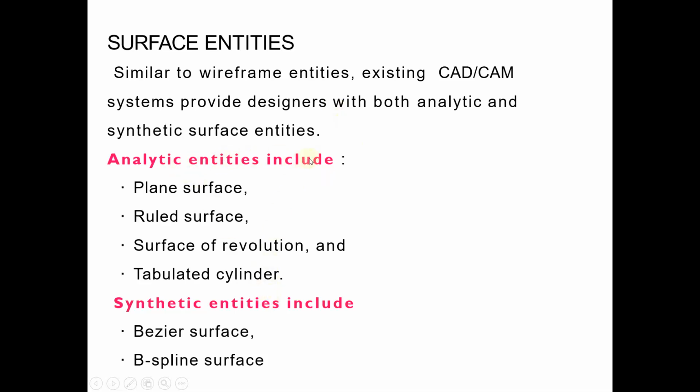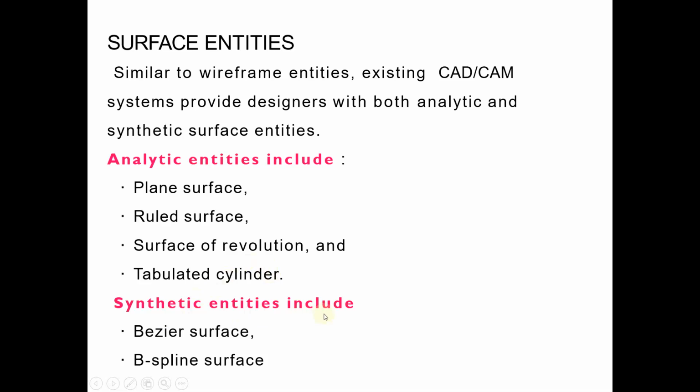And two types of entities are commonly used in surface modeling, that is analytic entities and synthetic entities. Analytic entities include plane surface, a rolled surface, then a revolving surface like a sphere or a circle, etc., and a cylindrical surface, tabulated cylinder.